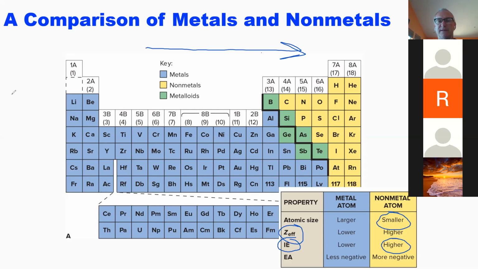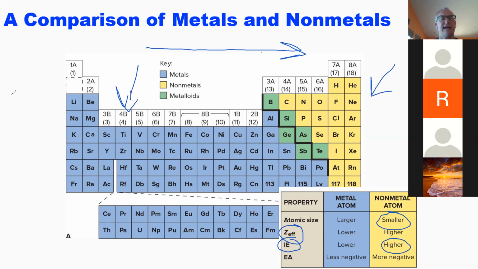It's much easier to take electrons away from metals because basically they're more stable as positive ions. It's much more easy for them to lose electrons and become positively charged than nonmetals.